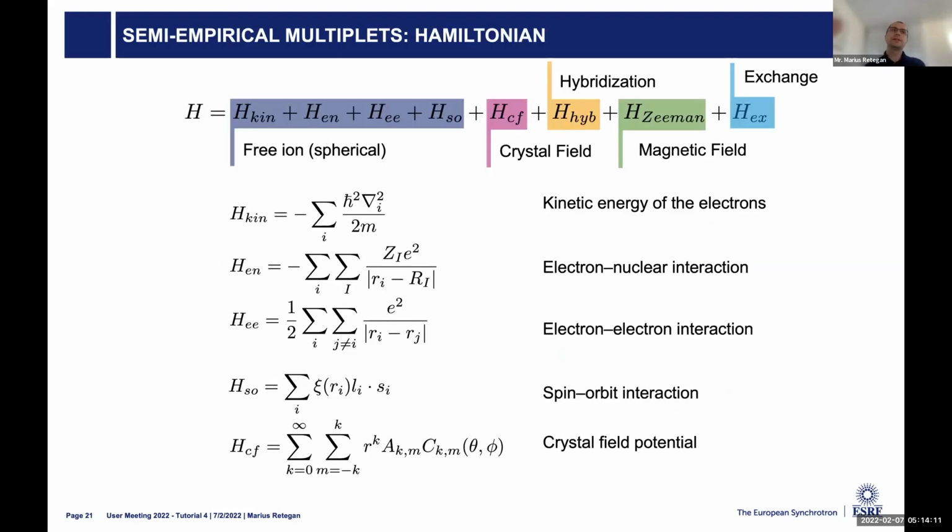Now, this is a bit mathematical, but it's just to tell you how, internally, the Hamiltonian describes your system as a number of terms which correspond to what you would have for the isolated ion in vacuum.